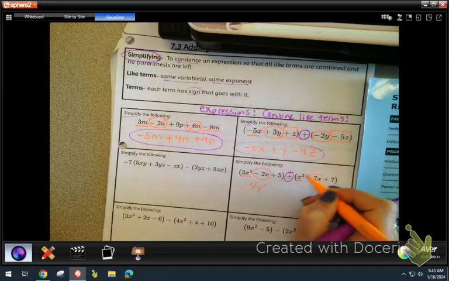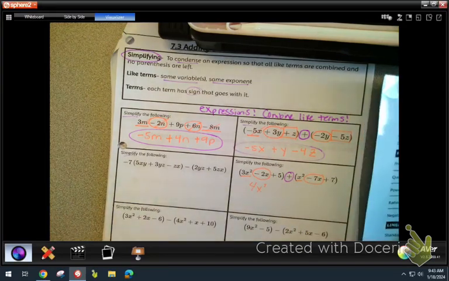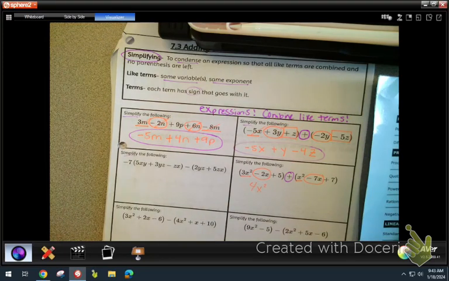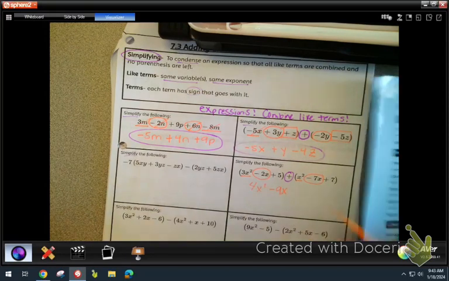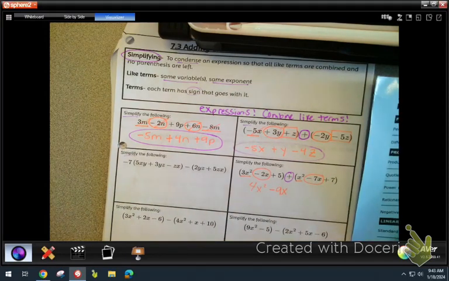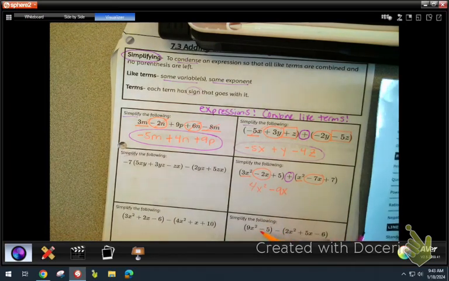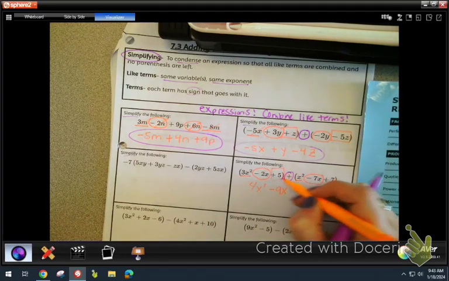Okay? Heidi, what'd you get for your x terms? What combines there? Negative 9x, very good. And again, no changing the exponents. Honestly, the way I think about the exponents for this is identification of what's alike. Other than that, I'm just looking at the big numbers. Jahan, what about your constants?